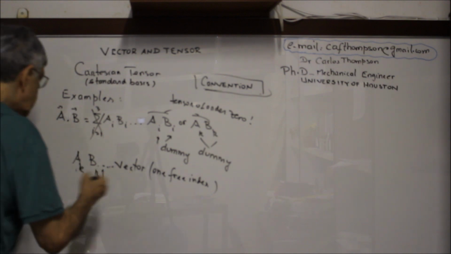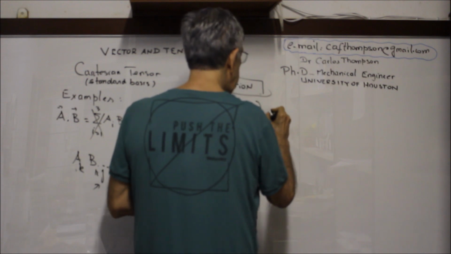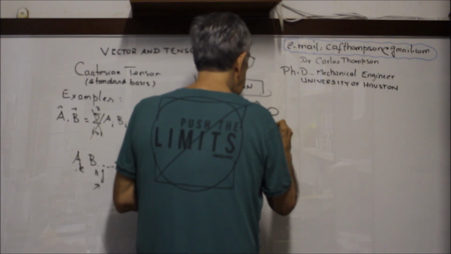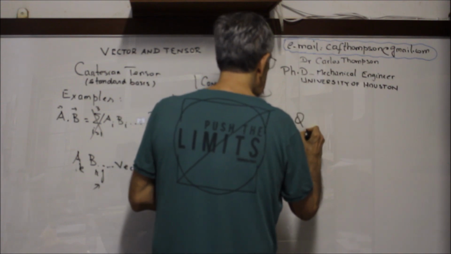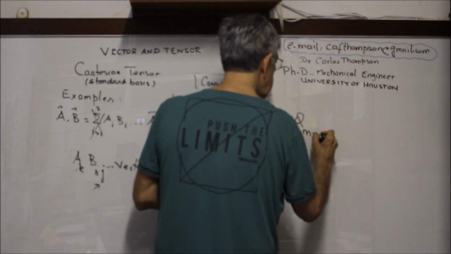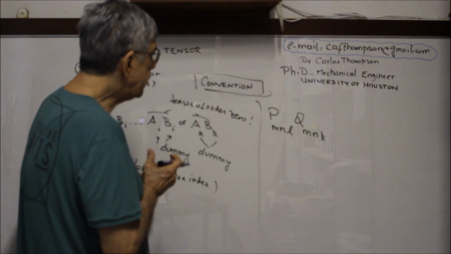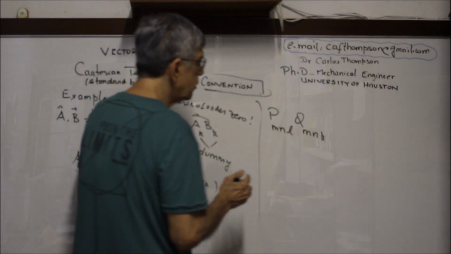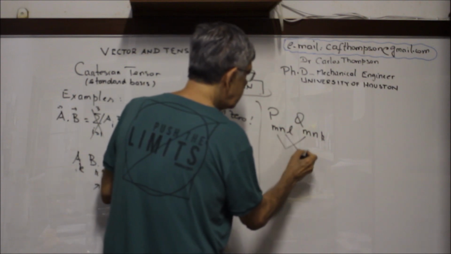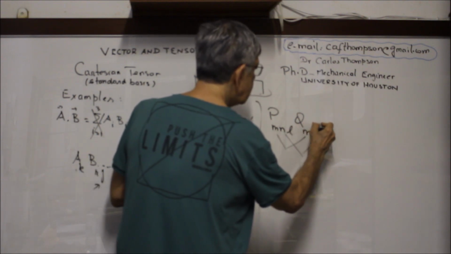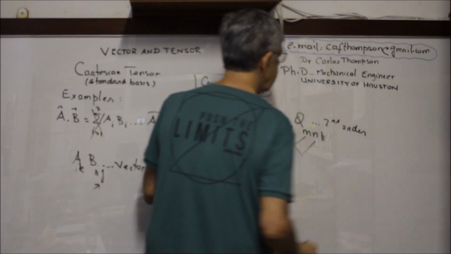Now suppose we have, for instance, P_mnl Q_mnk. How many free indices do I have here? These are dummy. So this is a second order tensor.